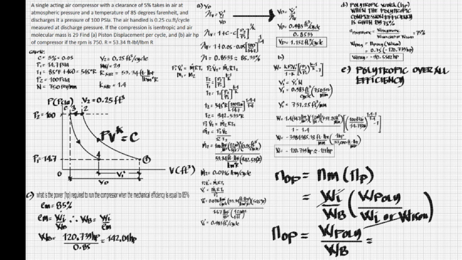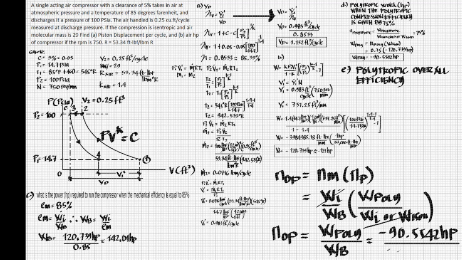Now to substitute the value from the previous, we have the work polytropic, so that will be negative 90.5542 horsepower, and it is all over, divided by our work break. We already got our work break, so from here we have 142.